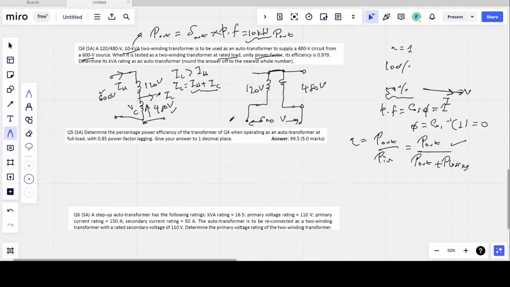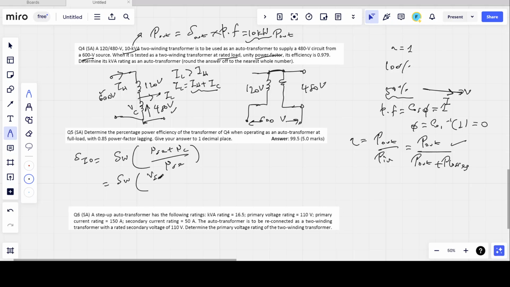Okay, now let's focus on the problem itself. The first one, they want us to determine the kVA rating as an autotransformer. So we know the formula. This is the picture. The kVA rating of the autotransformer, which we call SIO, is equal to SW times NSE plus NC divided by NSE. And remember, the number of turns and the voltage ratio are equal.